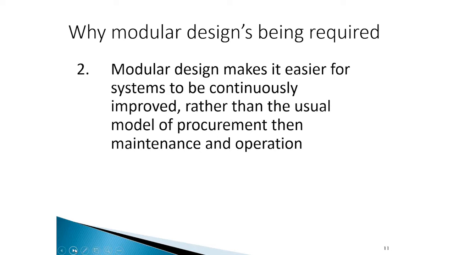So we go out, we gather our requirements, and then we put them together into an RFP, and then we procure that system, and then in some cases that system then sits around for about 20 years, and we ensure the maintenance of that system and we ensure the operation of that system.